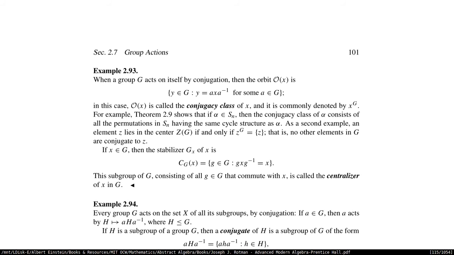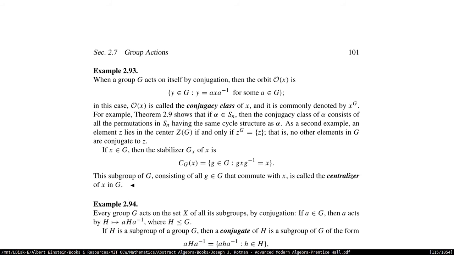CG of A contains Z of B. Now the other claim is that X P X inverse is the conjugate of P, right?